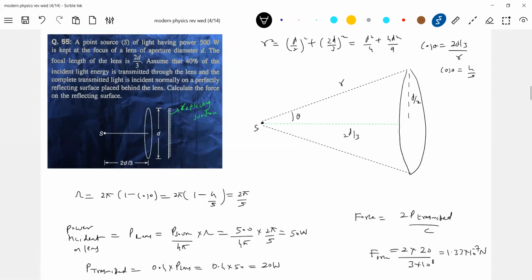So some radiation pressure question can be asked through a lens, or earlier one, when light passes through a prism, when light passes through a lens. Just be careful, there is a possibility of asking.